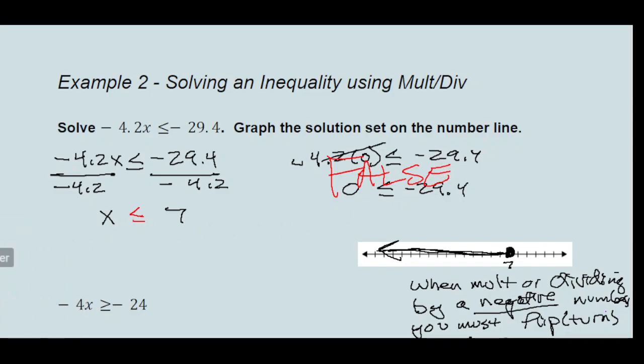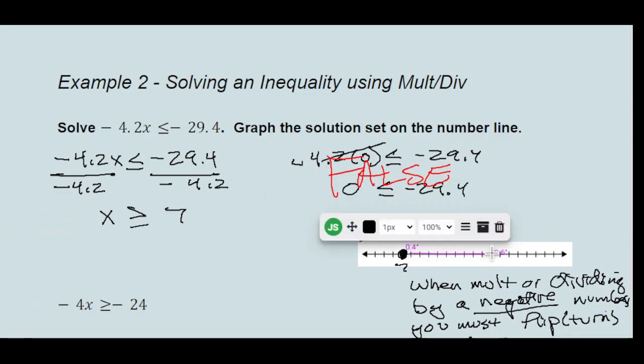And so that is why, hopefully it makes sense now, when you divide or multiply by something that's negative, you take that sign and you're going to flip it. So we're going to do it like that. We're going to go over here and we're going to fix this, right? We're going to move it over to the other side now because we know it's greater than. So we're going to go 7. We're going to fill this thing. And then I think for this case, because I want it to look nice, we're going to insert our line. It's going to be that dippy purple thing again.